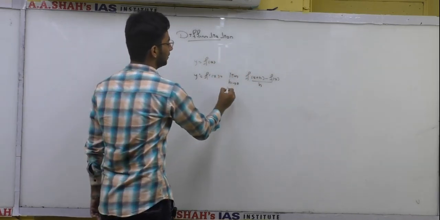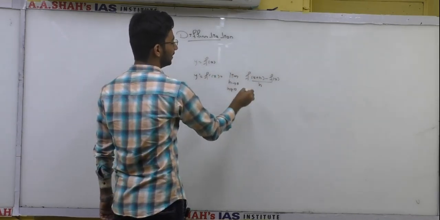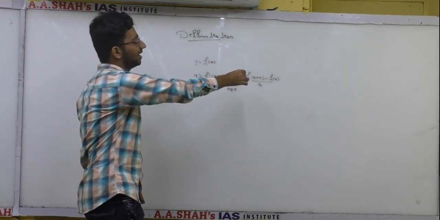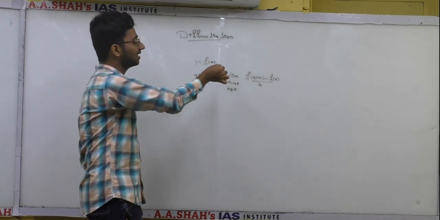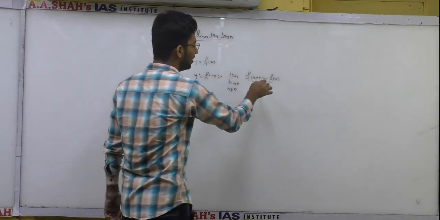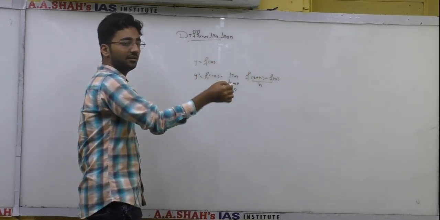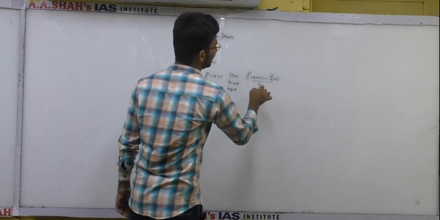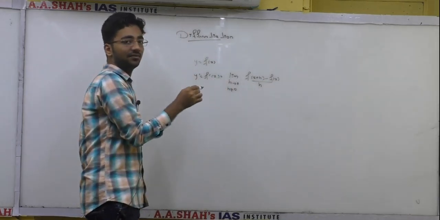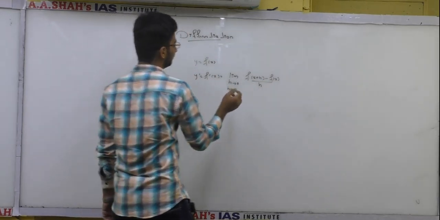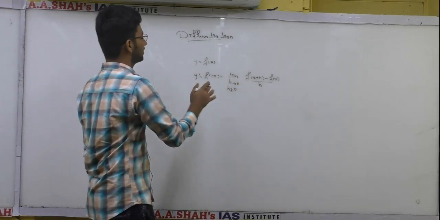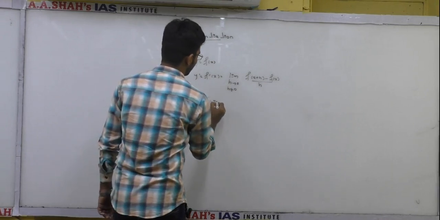Here h is not equal to 0, and while solving the functions, first you try to eliminate this h from the denominator so that you can substitute the limit. Otherwise if you substitute before, while having h in the denominator, then you will get the answer as infinity, which is not valid. So try to cancel this h with the numerator somehow and then substitute the limit, and you will get the answer for the function. Got it? So this was all about the differentiation, and this is called the first principle of derivative.